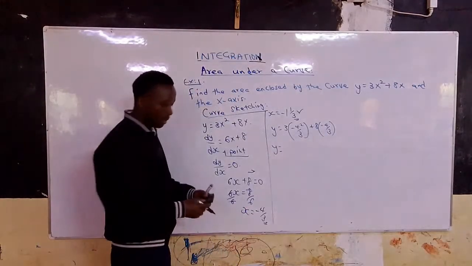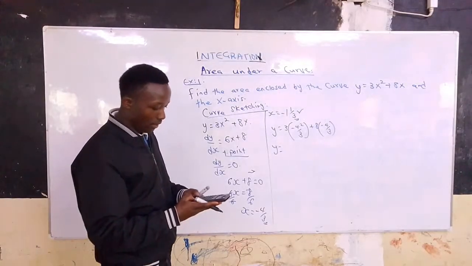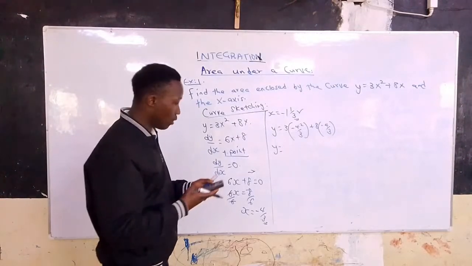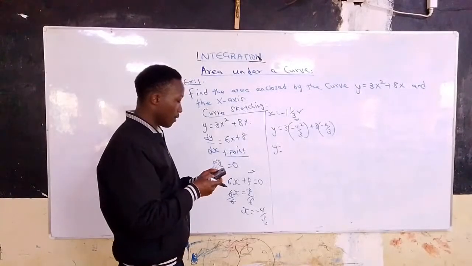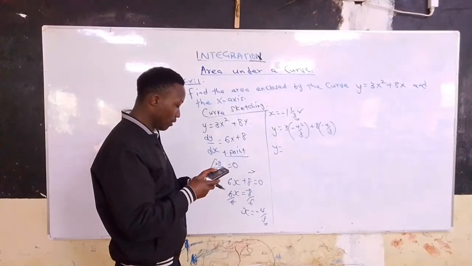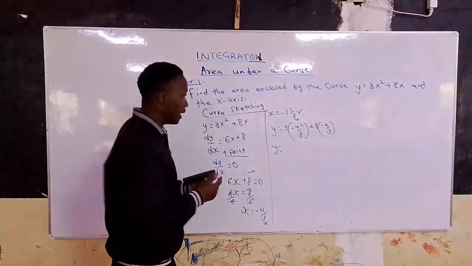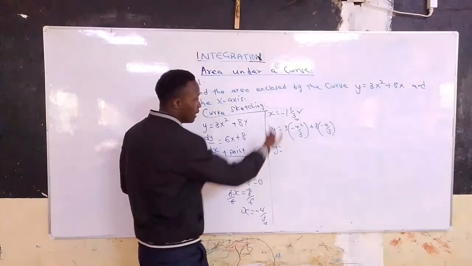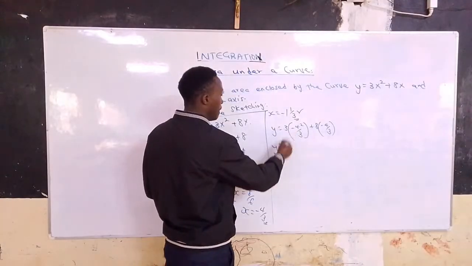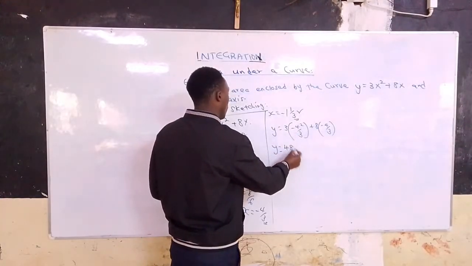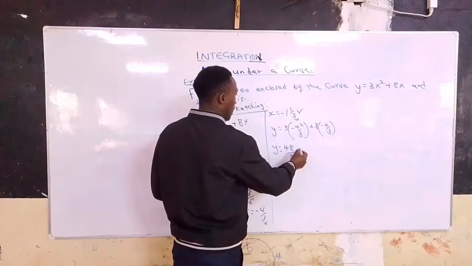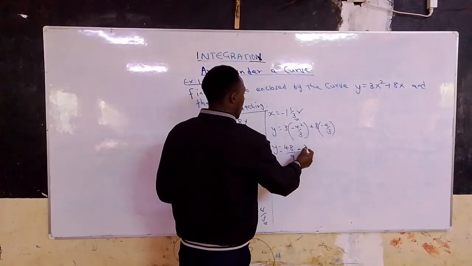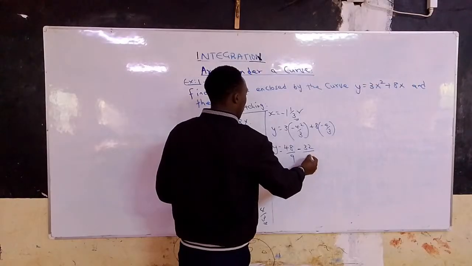Negative 4 over 3 squared is equal to 16 over 9. 16 over 9 multiplied by 3 is equal to 48 over 9, minus 8 times 4 over 3 is 32 over 3.